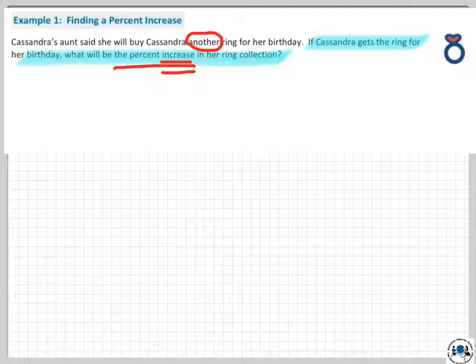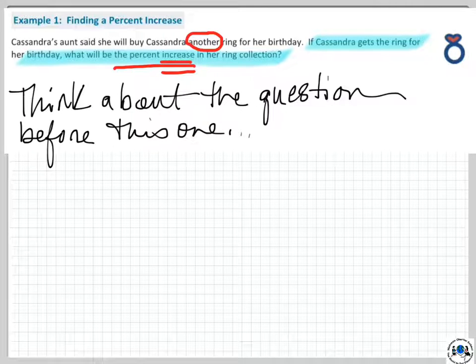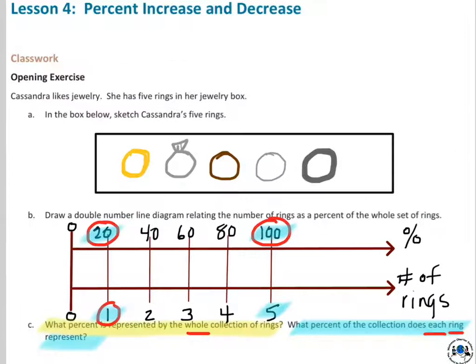Now remember, we started this collection off with 5. So think about the question before this one. If we go back and take a peek at where that all ended, we can see that each one of these rings, in this 5-ring collection, was worth 20%.